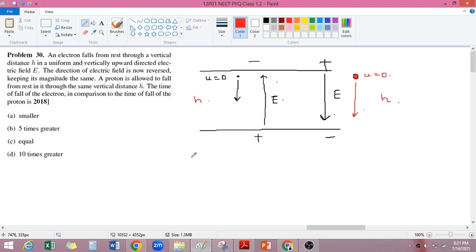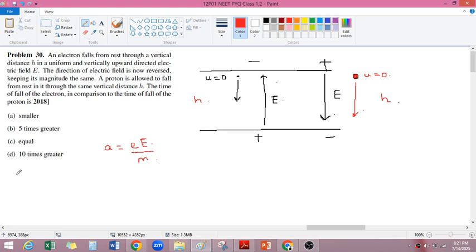A quick answer would be electron is lighter and proton is heavier. So electron will fall faster, I think, because acceleration is equal to F, which is qE, so eE divided by mass.